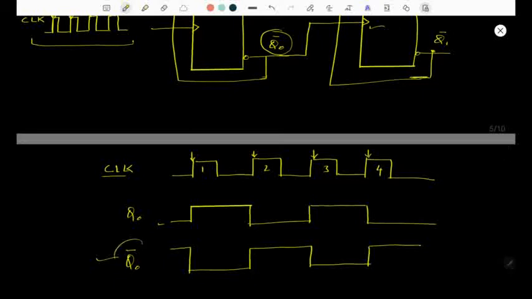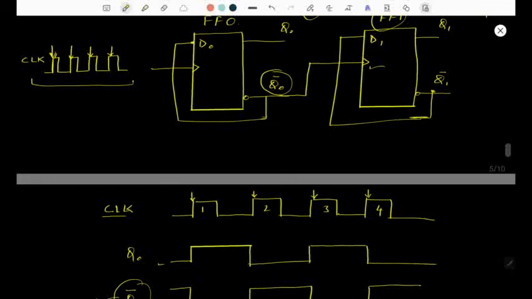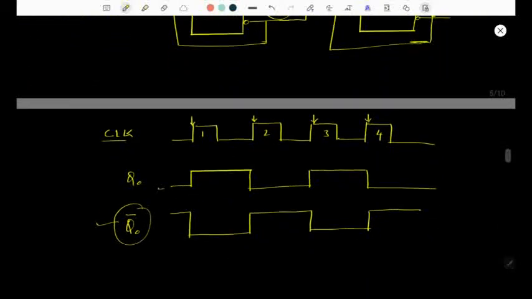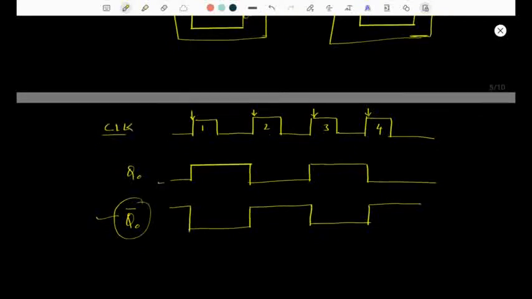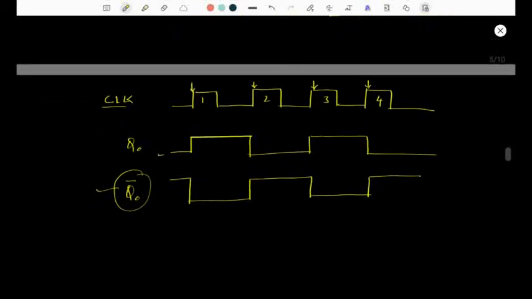Now this Q naught bar behaves like a clock pulse for flip flop 1. It is going into this flip flop, so every positive edge of Q naught bar will trigger flip flop 1. The positive edges of Q naught bar are at these points.